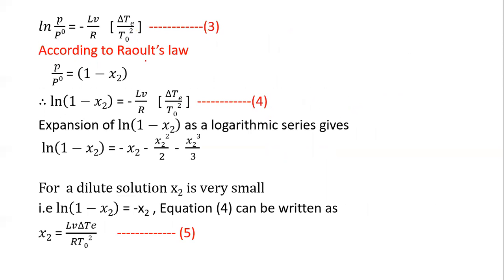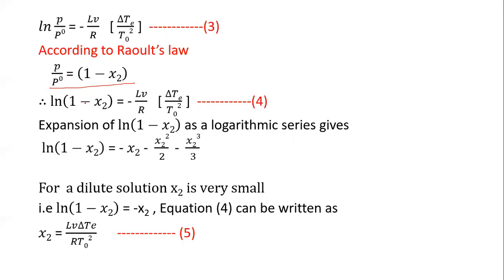Now let us apply the Raoult's law here. We can simplify now the LHS side. According to the Raoult's law, P upon P0 is equal to 1 minus x2. As we know, according to Raoult's law, the relative lowering of the vapor pressure of a solution becomes equal to the mole fraction of the non-volatile solute. That is the Raoult's law, and it can be written in this way: P upon P0 is equal to 1 minus x2.